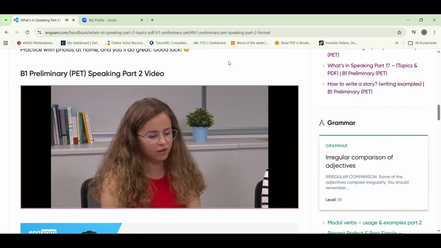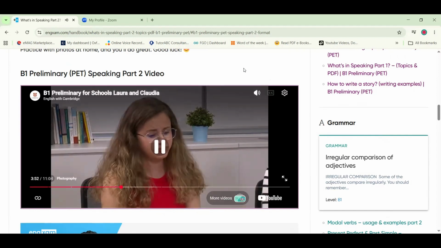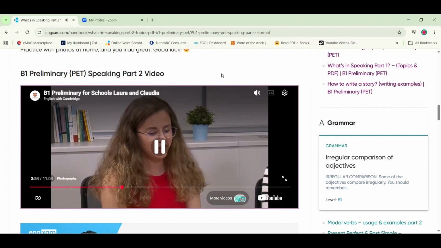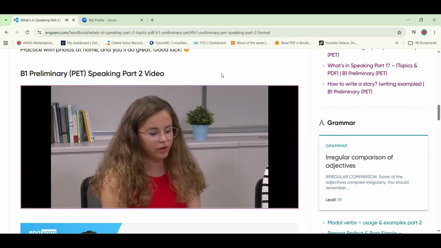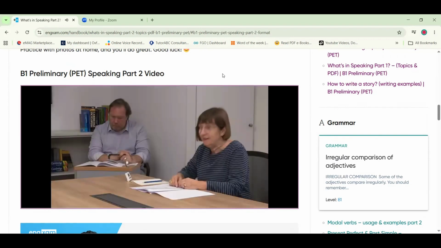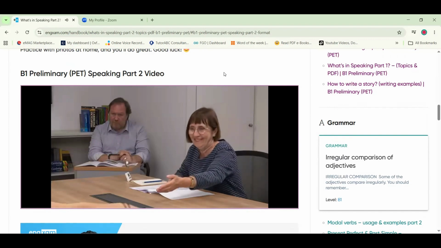One of the girls is wearing a t-shirt and blue jeans, and the other is wearing a dress. Okay, thank you.